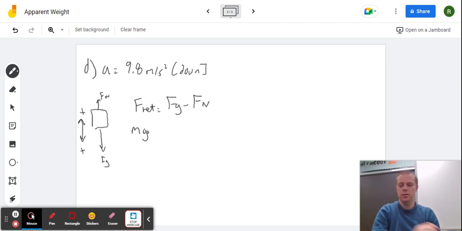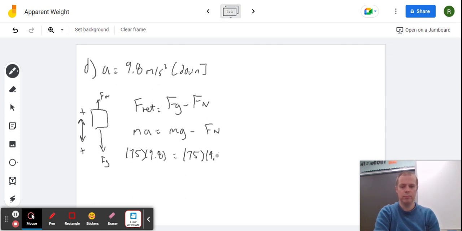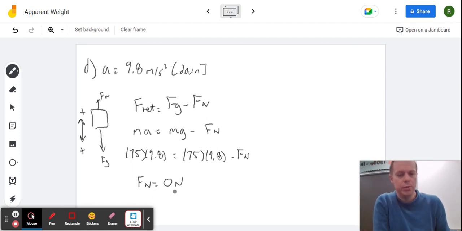So mass times acceleration equals mg minus normal force. However, here, the acceleration is the same as gravity. So what that means is the normal force is 0 in this situation. When we rearrange it, we get 0.